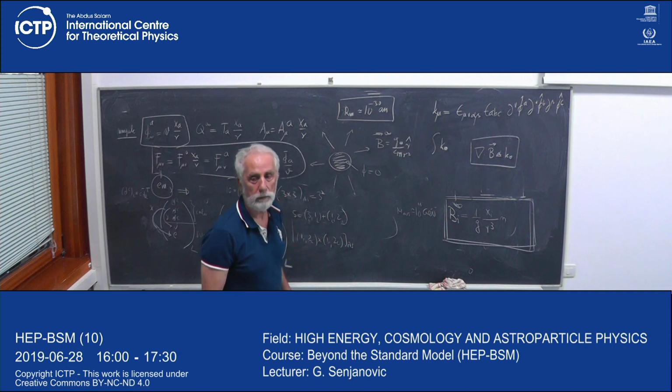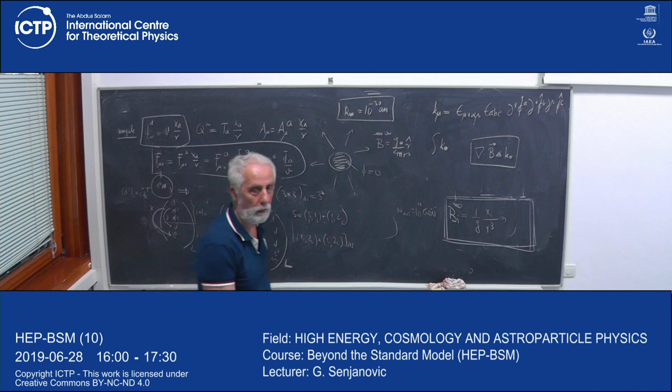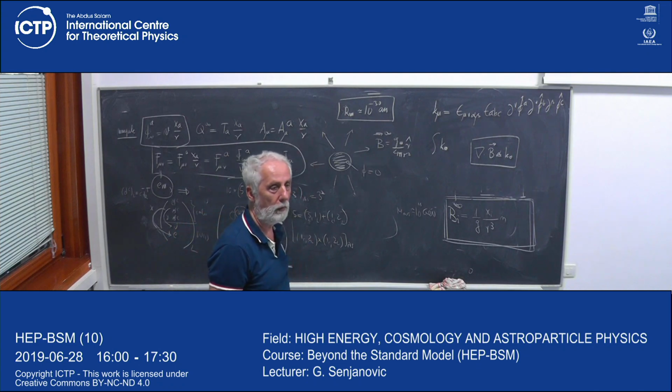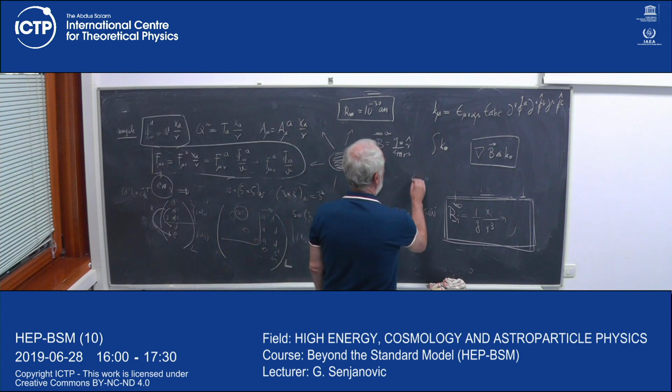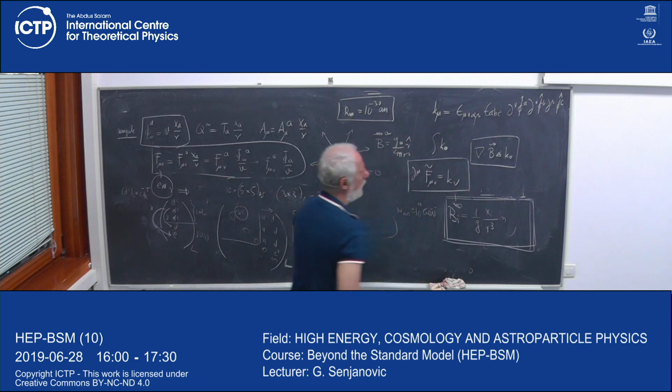Now this B is this field Fij of the photon. You actually show that d mu f mu nu tilde is equal to k nu. This is what you show.